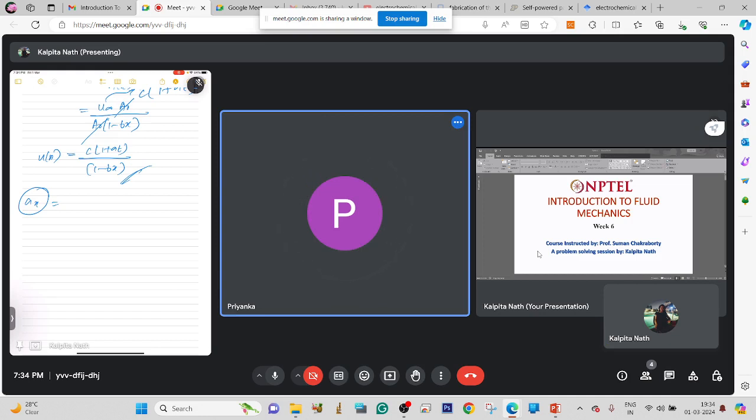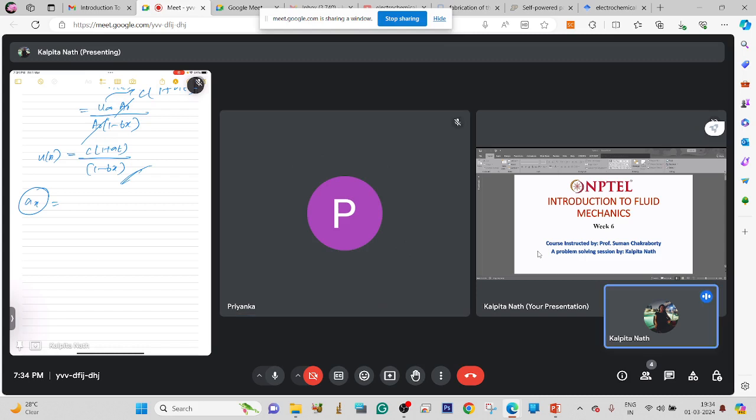Ma'am, I got c a by 1 minus bx, plus c square into 1 plus at whole square into b divided by 1 minus bx whole cube. But one point you missed is that a factor of b will come because of the minus of b.